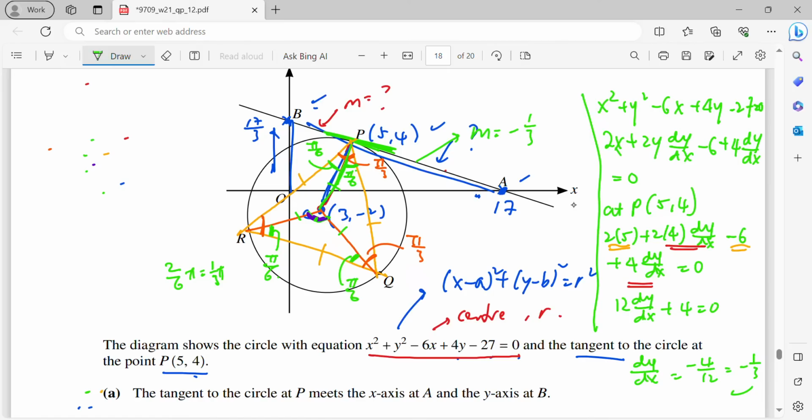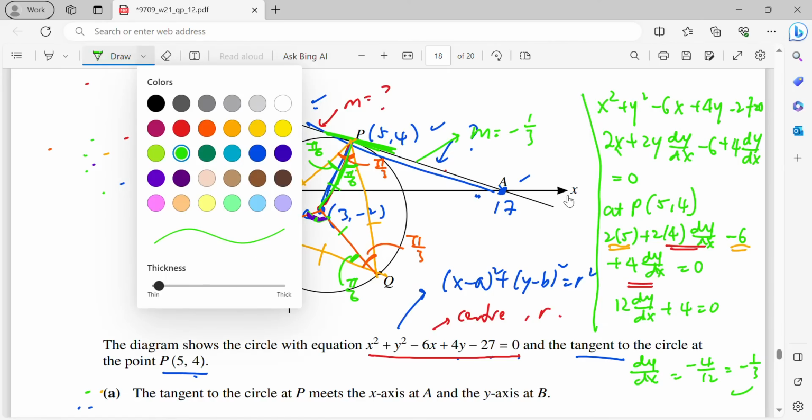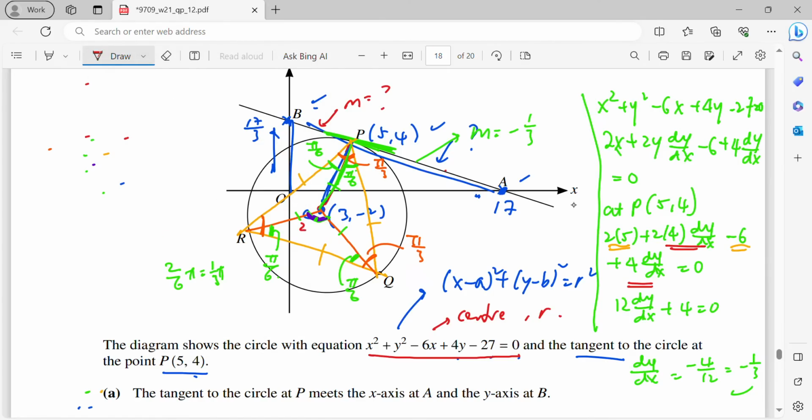So here is going to be 2 over 3 pi. Okay, here is going to be 2 over 3 pi. This is 2 over 3 pi. It's not pi over 3, because we know that here is pi over 3, then this is going to be double.